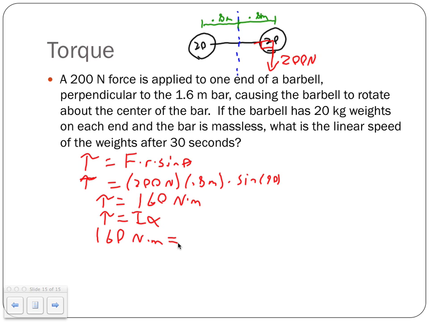And so to solve for our moment of inertia, since we have two objects, it would be the mass of the first times the radius of the first squared plus the mass of the second times the radius of the second squared. And so then we can go ahead and put these in.